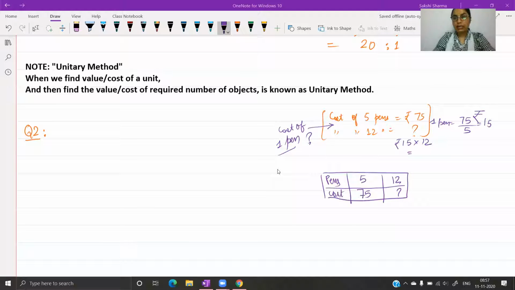The problem was that if you are told that 5 pens cost 75 rupees, what will be the cost of 12 pens? So there is one method which is the unitary method. The way we use this method basically says that with the help of 5 pens, you first find the cost of 1 pen. We don't use it by name, but we know how to solve this sum. 5 pens cost 75 rupees, and you have to tell how much 12 pens will cost. So first you find how much one pen costs. If you find out how much one pen costs, you can tell how much 12 pens will cost. Is that correct?